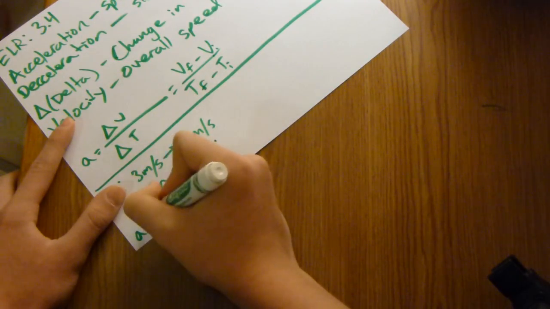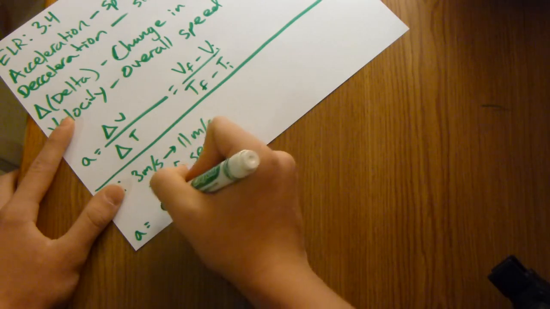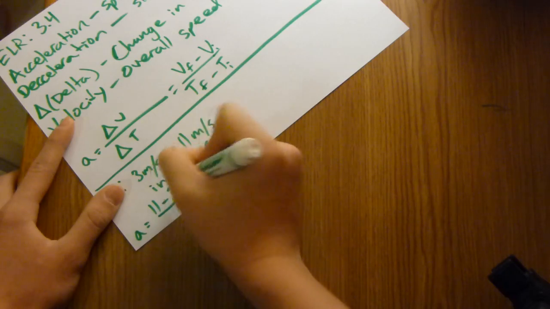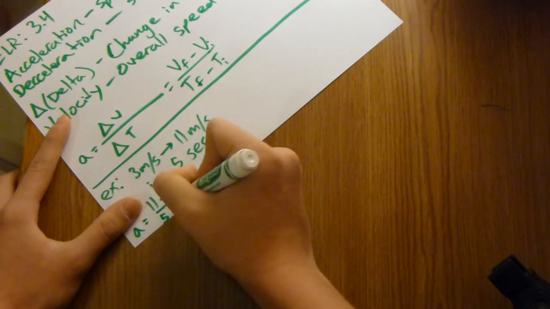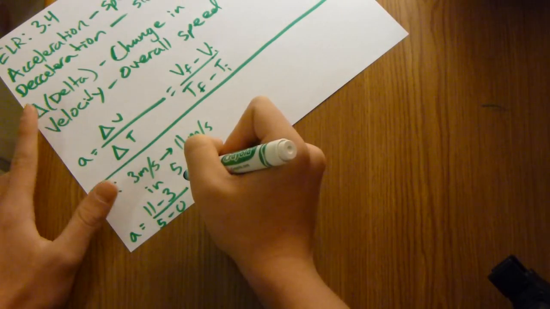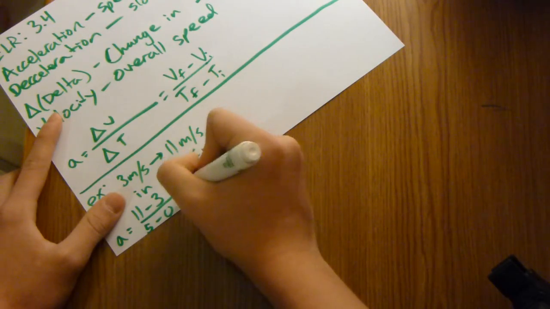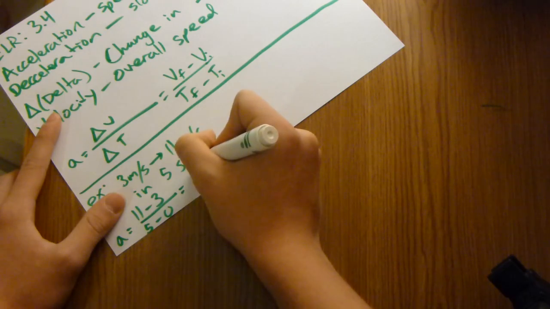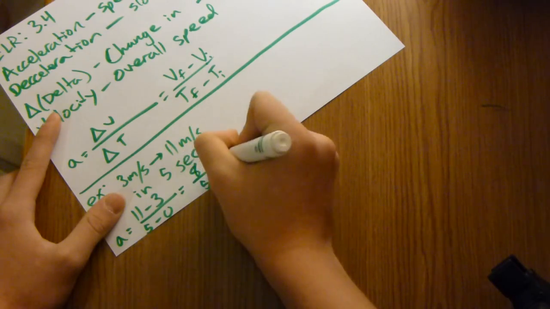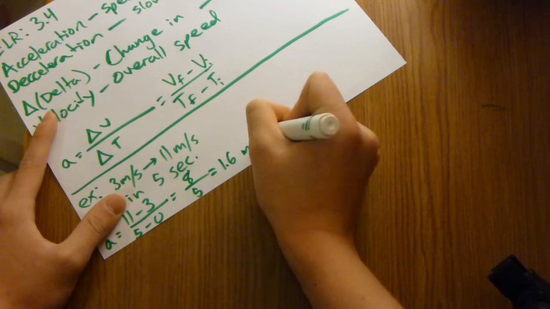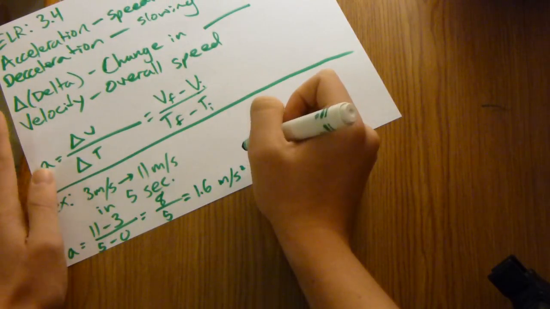So using our equation, acceleration in this scenario would be final velocity, which is 11, minus initial velocity, which is 3, over final time, which is 5, minus initial time, which is 0, because he starts at 0 seconds, when the timer starts. And that equals 8 over 5, which is 1.6. And the units for acceleration are meters per second squared.